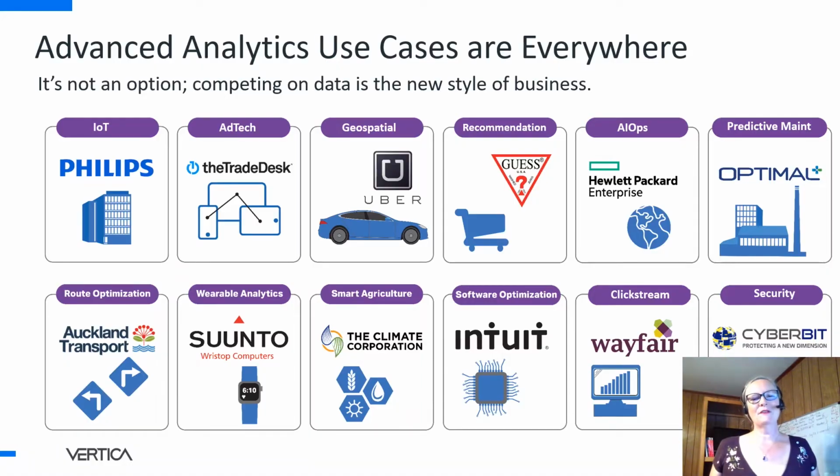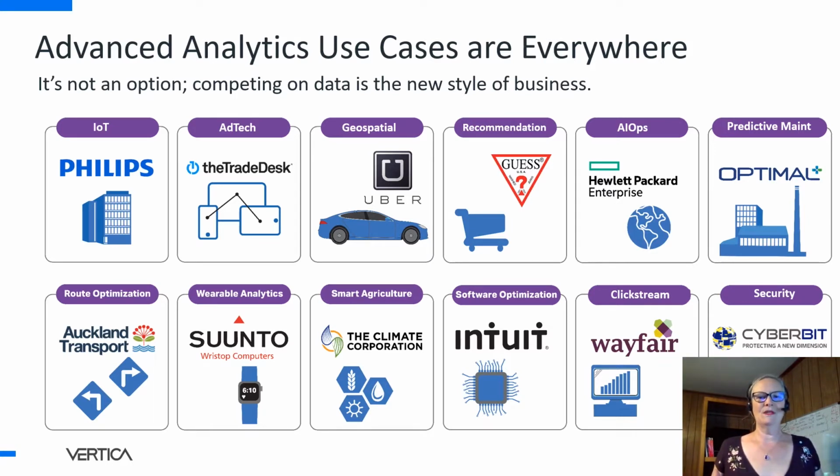So first off, as you probably know, advanced analytics like predictive and prescriptive, with methods like machine learning and deep learning, touch our lives every day. They're all over the place. Climate Corp is using machine learning to increase farmers' crop yield, of all things.